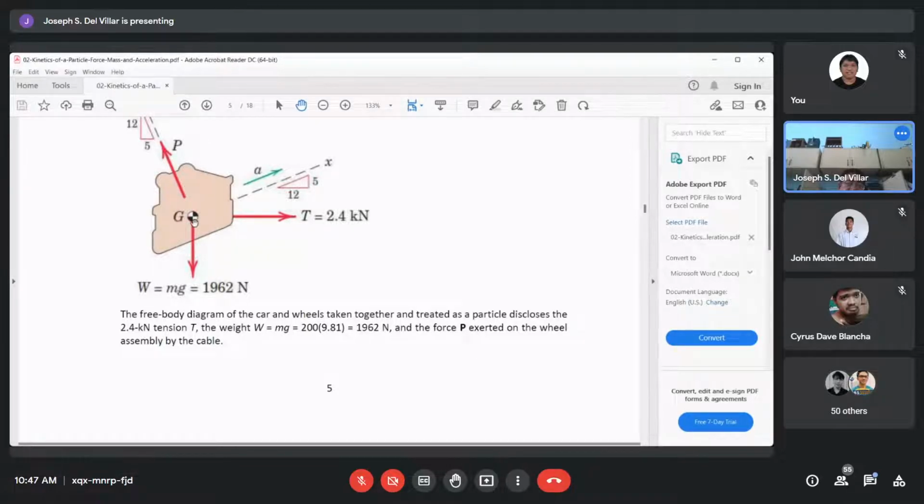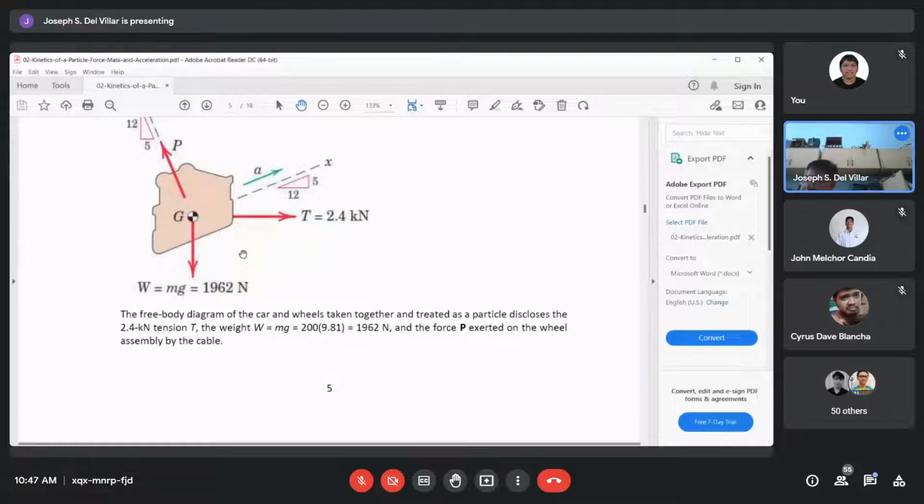So we took the y component of this. So 2.4 serves as the hypotenuse.